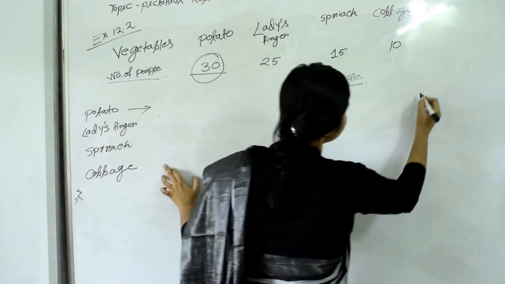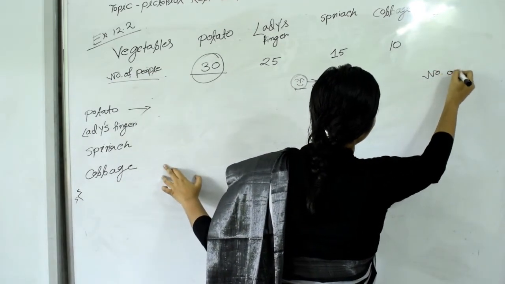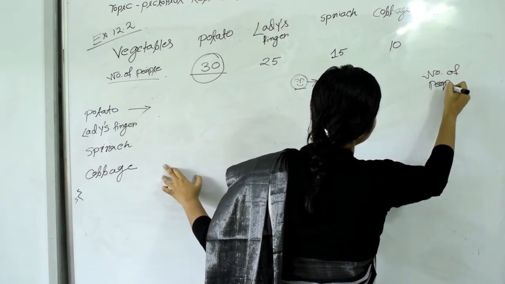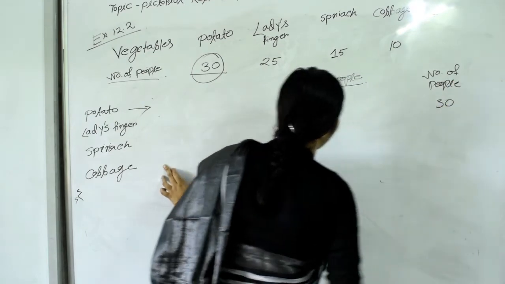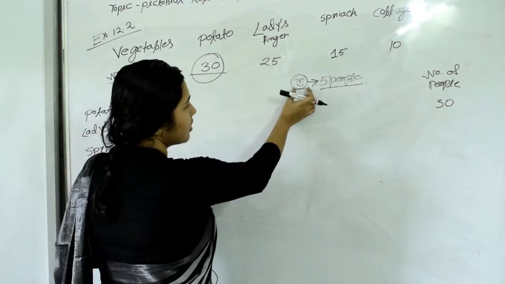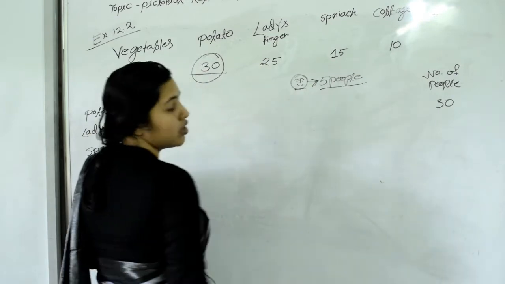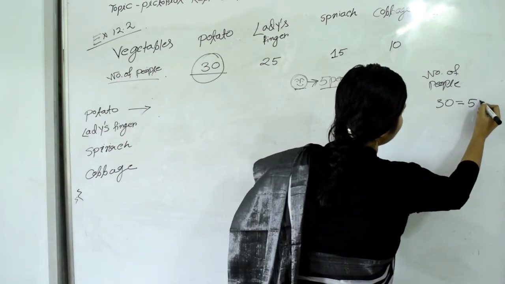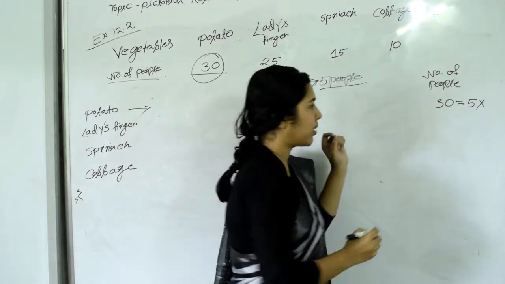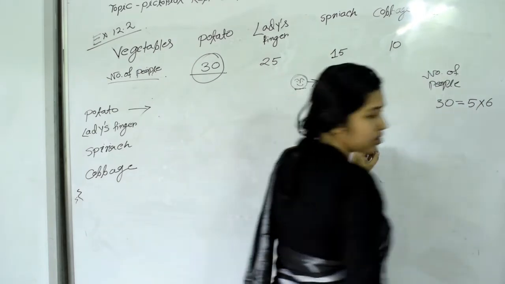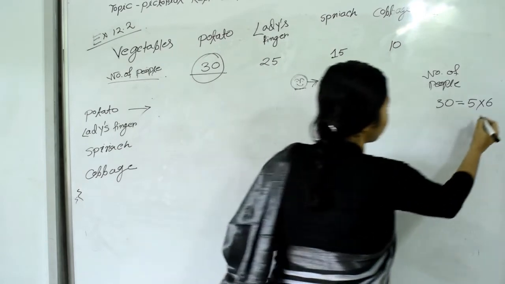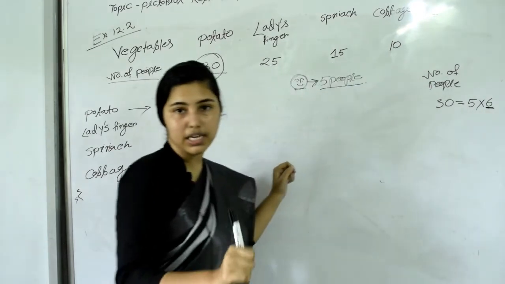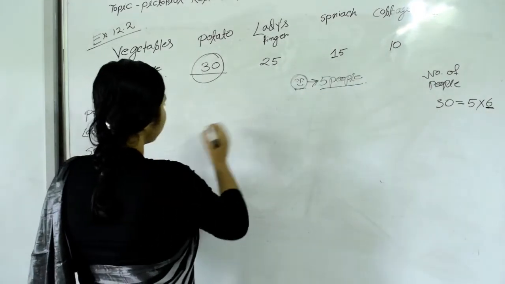First write here the number of people is 30. Now each face represents 5 pupils, which means we can write 30 as 5 into 6, right? Which means we have to draw 6 faces for potato.